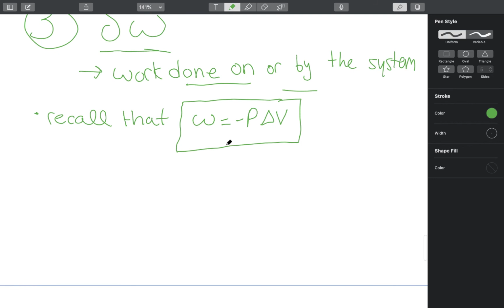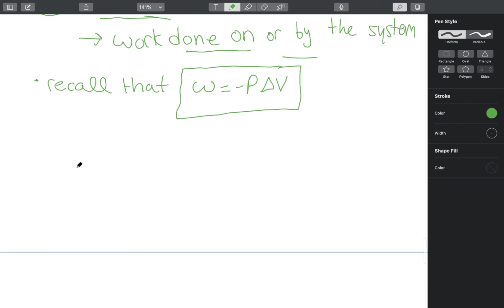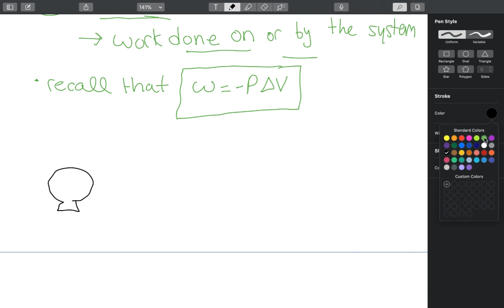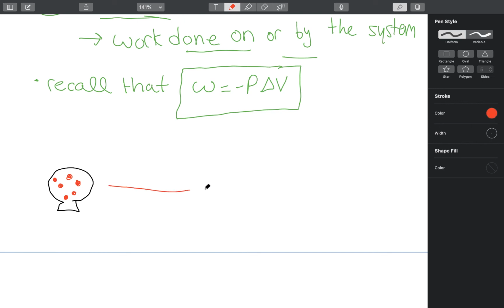So let's first imagine a gaseous system. Let's just say we have a little balloon once again, and this balloon is filled with gas molecules. Let's just say that we let this balloon expand into the environment.